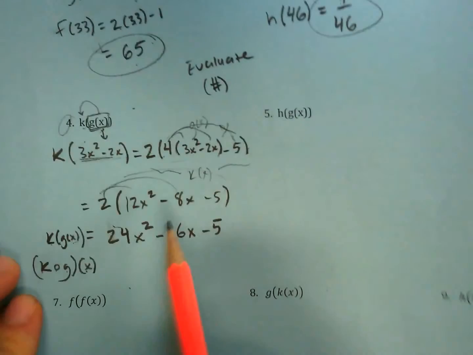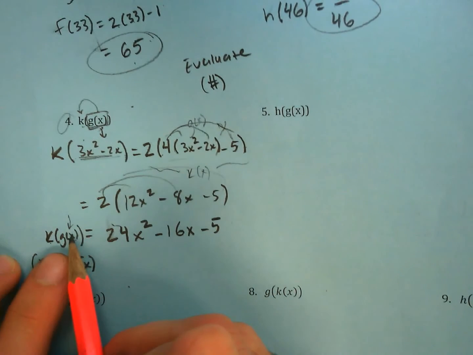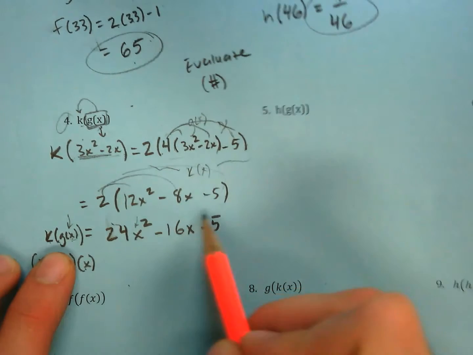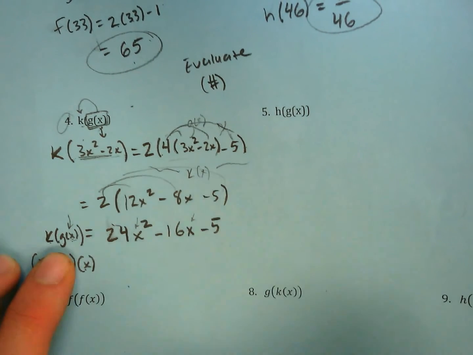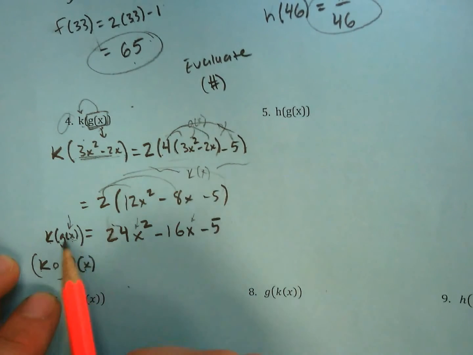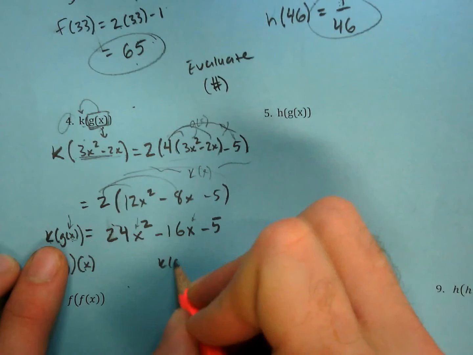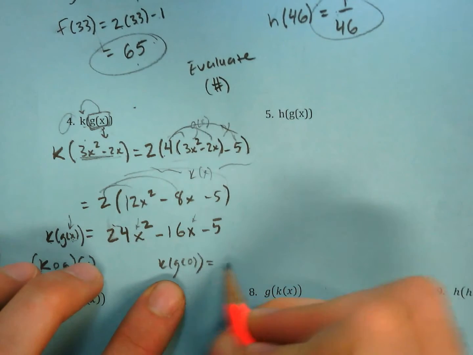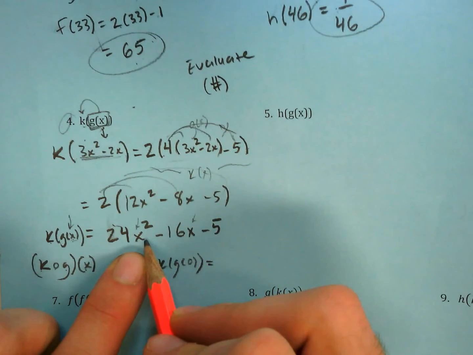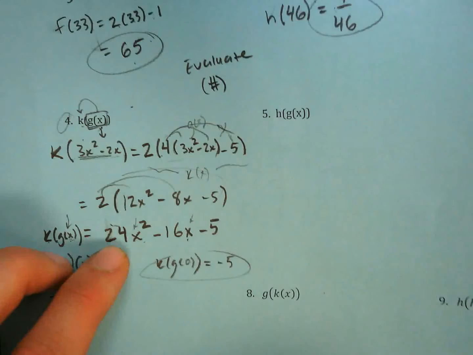We could do that, but we wouldn't really need to, because if I put a number in here, that's the same as if I put that number into this function. I mean, we wouldn't have to go through 2 steps. You could just plug in here. If I ask for k of g of 0, ooh, this would be a good quiz question. K of g of 0, plug in a 0. Yeah, negative 5. A little bonus there for you.